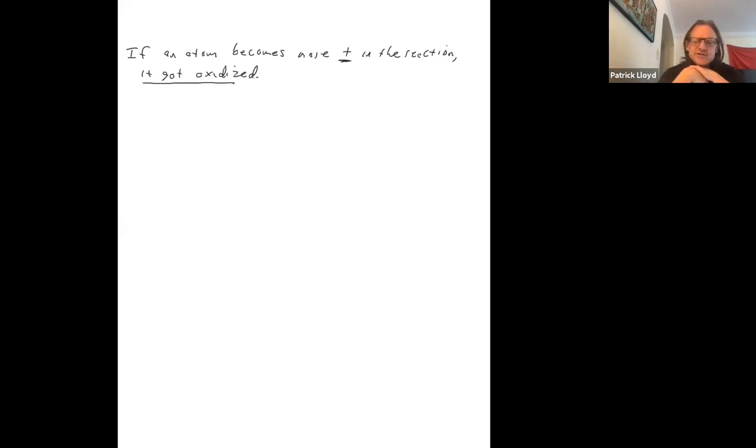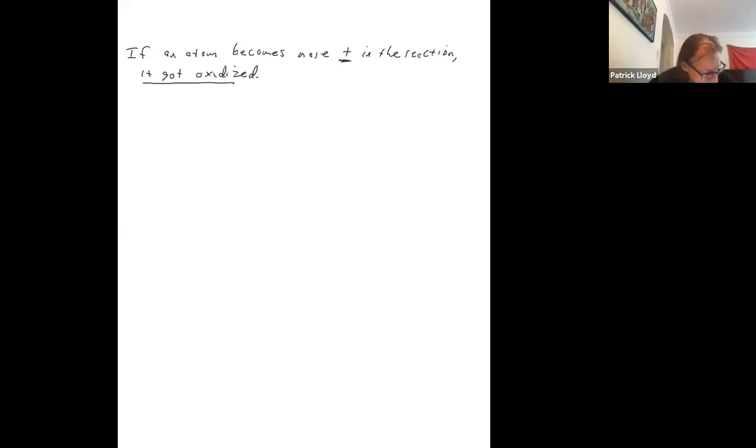The wording they used to use for this was confusing, because they would say it's higher in oxidation state or lower in oxidation state, and that can be confusing. If it becomes more positive, it gets oxidized. The way I remember this is that if something becomes more positive, it lost electrons. More positive means you lose electrons, and losing electrons is oxidation.